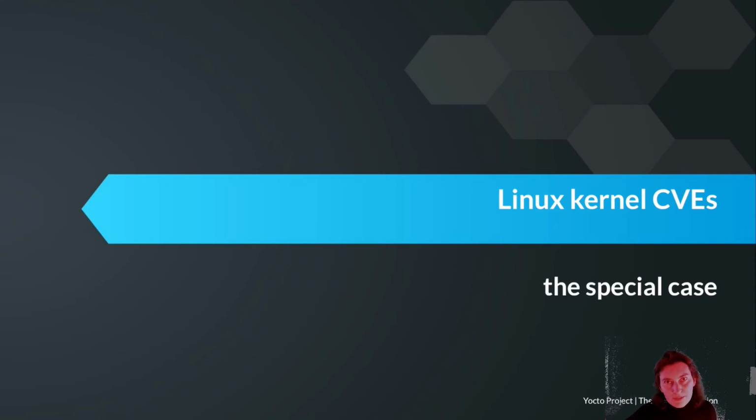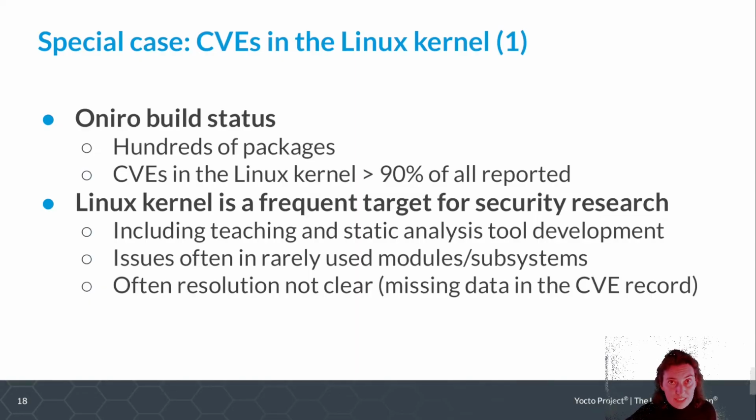And there's one very specific case of CVE checking, the Linux kernel. In our case for Oniro, we have hundreds of packages, but more than 9 out of 10 reported CVEs are in the kernel, 90%. Why is it so? The story is pretty long here.